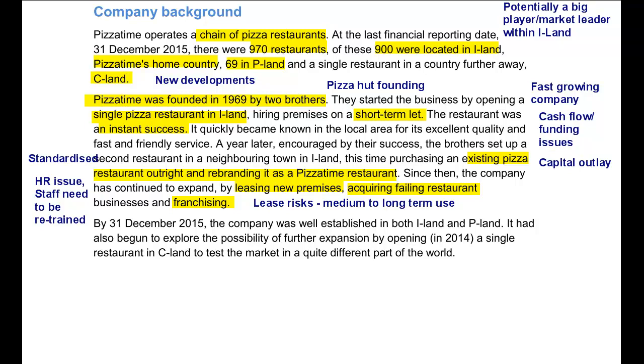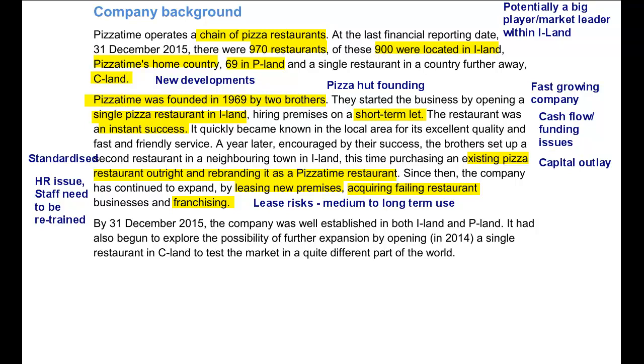And so the issue with that is, will this independent proprietor stick with the rules of the Pizzatime operations? Will they use the right quality ingredients? Will they use the right slogans, the right logos, everything to do with Pizzatime?